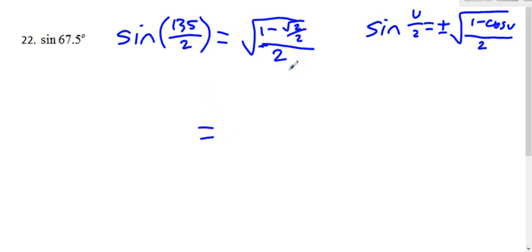So if we multiply everything by the denominator of 2 here, we get 2 minus the square root of 2 over 4, and that's a little bit more simplified.